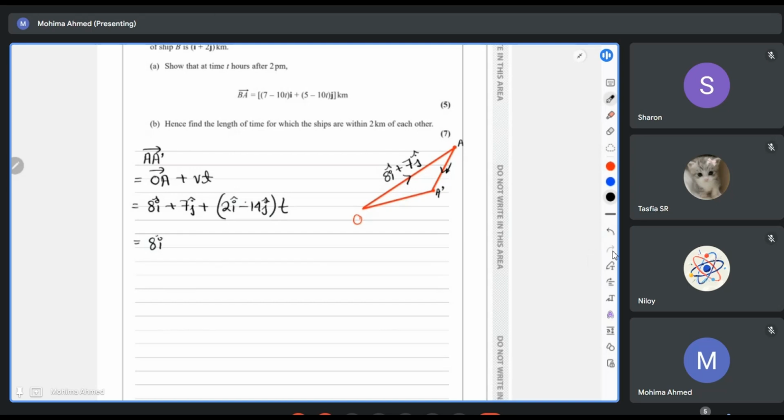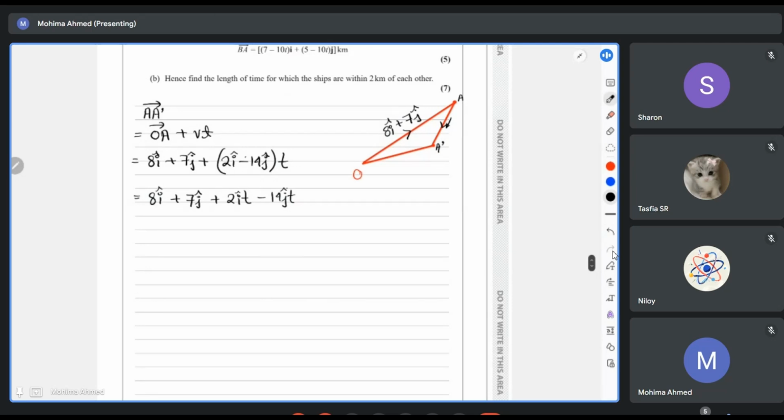It will be 8i plus 7j plus 2it minus 14jt. So obviously we're going to write the i's together and j's together. So you have (8 plus 2t) i and then (7 minus 14t) j.